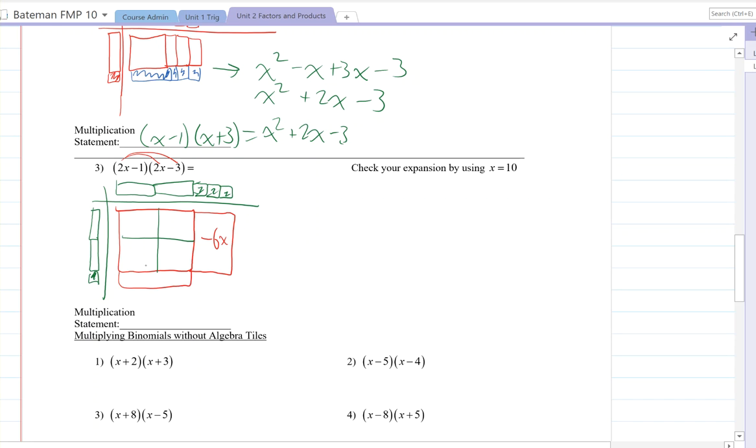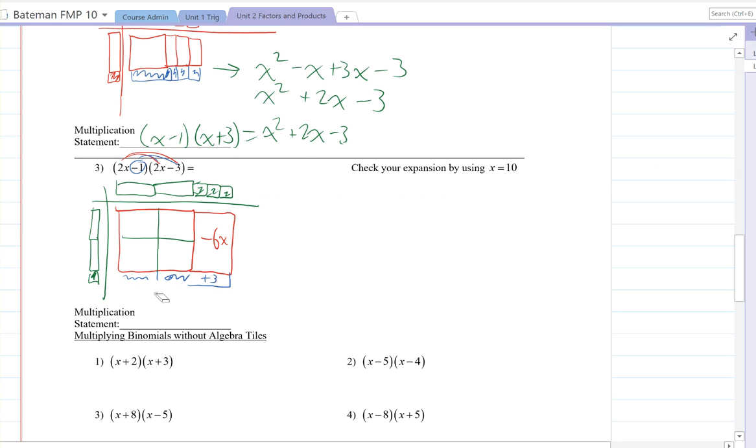And here we have negative 1. Okay, I'll use blue pen for this one. Negative 1 times both parts. And so we get shaded negative, we get negative 2x. And this part here, it's a negative times a negative, so negative 1 times negative 3 gives us plus 3.